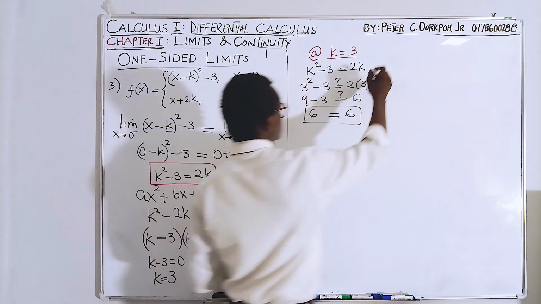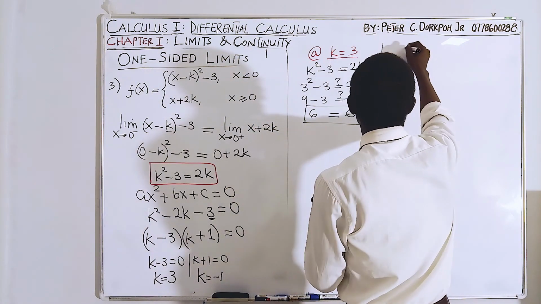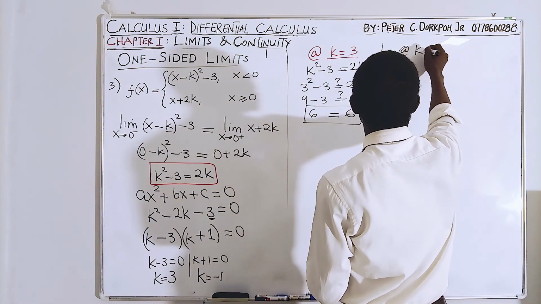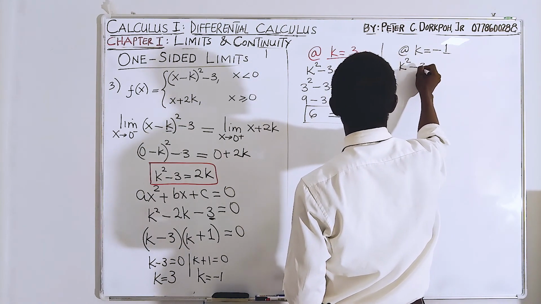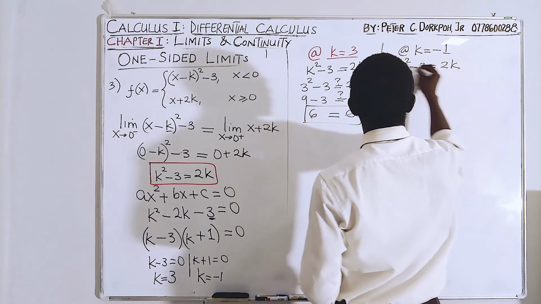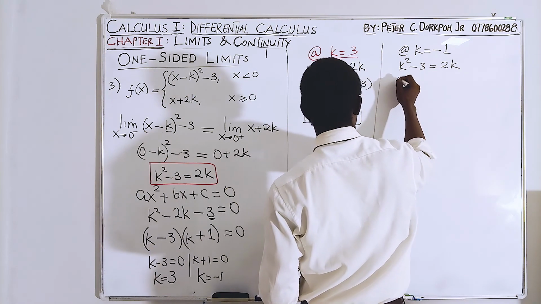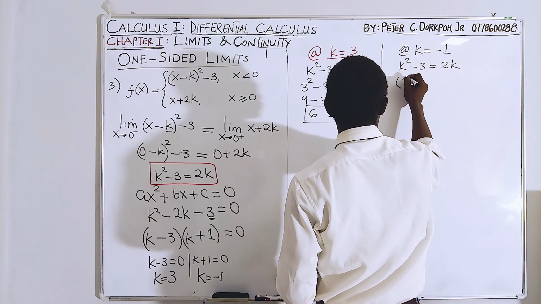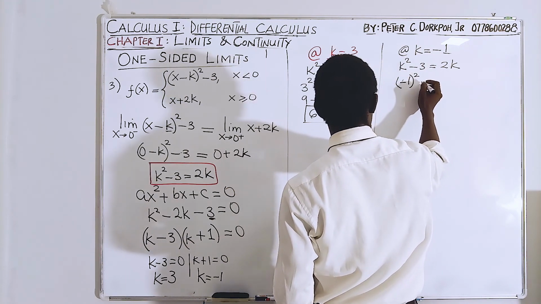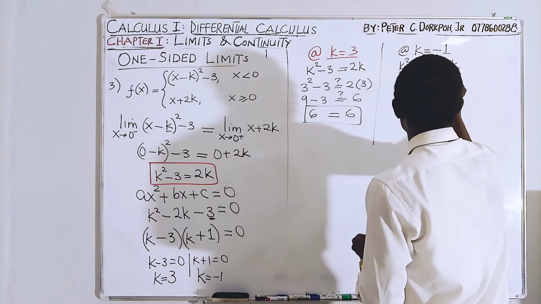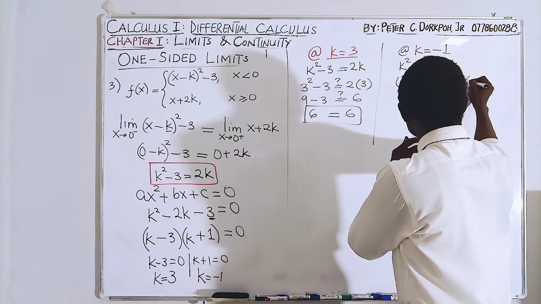We take the next one, at k equals minus 1. So we have k squared minus 3 equals 2k. So this is now minus 1 times minus 1, which is minus 1 all squared, minus 3, equals 2 times minus 1.